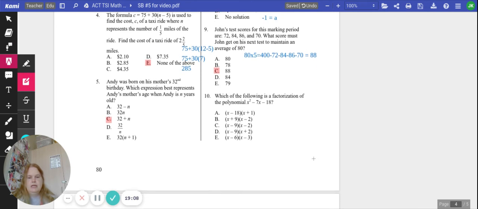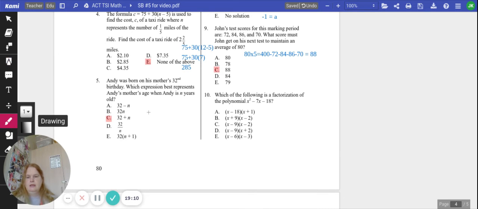Okay, number 10, factoring. Again, it's a quadratic trinomial, so I'm going to use the big X. A times C is negative 18. B is negative 7. He goes on the bottom. Then I use my brain. What multiplies to give me the top but adds to give me the bottom would be negative 9 and positive 2.